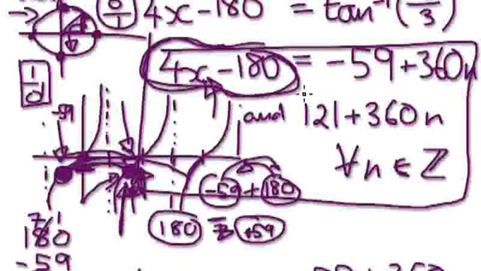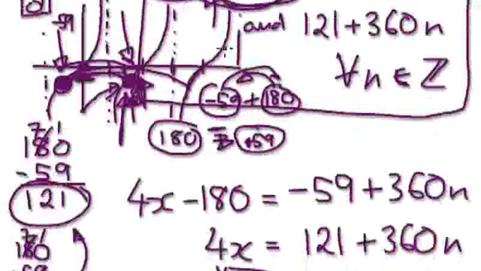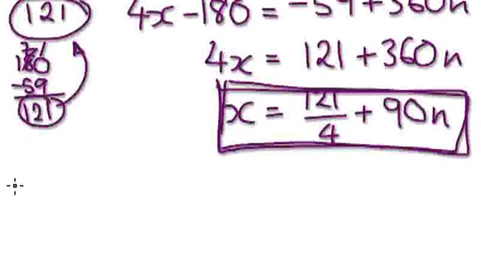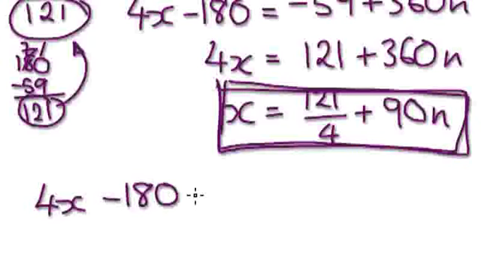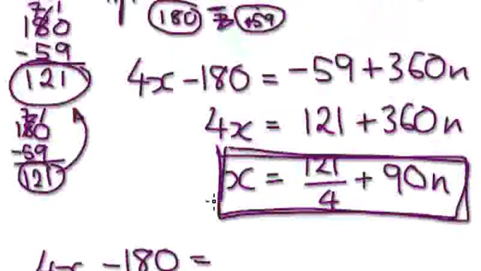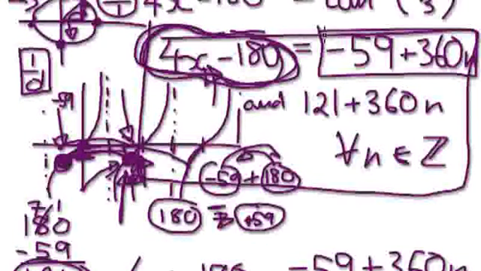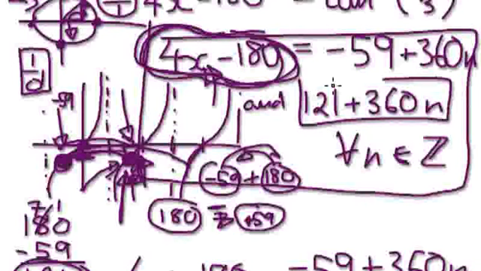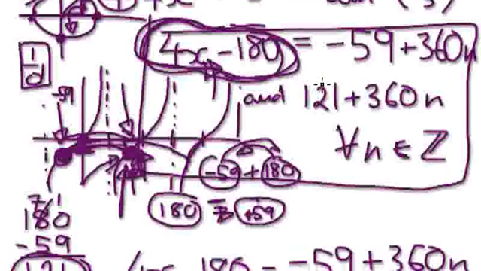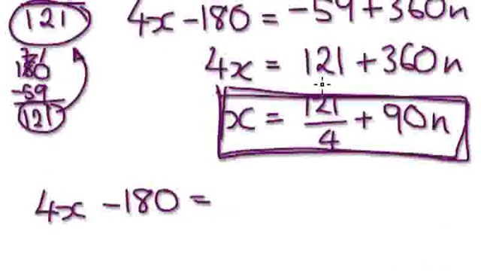Now we need to take care of this one here. So start by writing 4x minus 180 equals, now look at this here, remember we've just dealt with this, now we need to look at this, so it would be 121 plus multiples of 360.